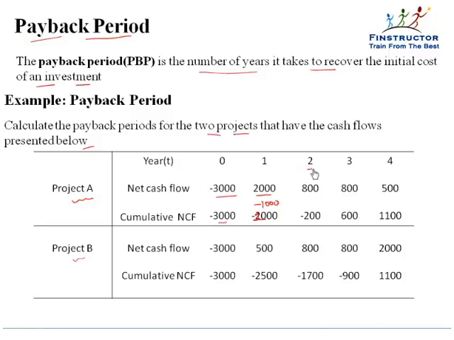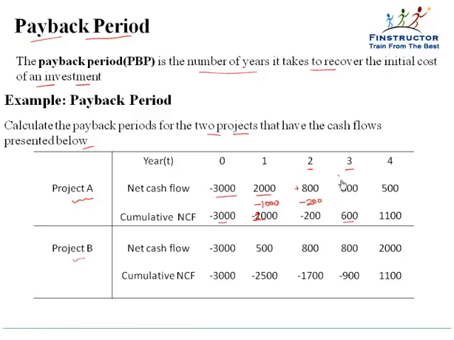At the end of the second year, I get another $800. So if I've received another $800, then how much is remaining now? Only about $200. And at the end of year 3, I receive another $800. So including year 3, I have recovered my investment and I now have an excess of about $600.